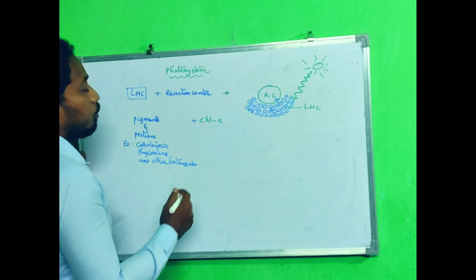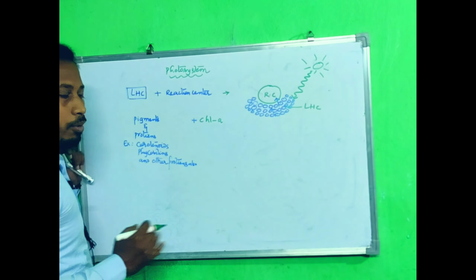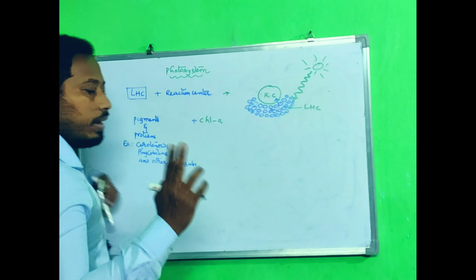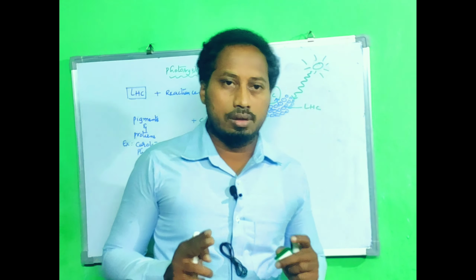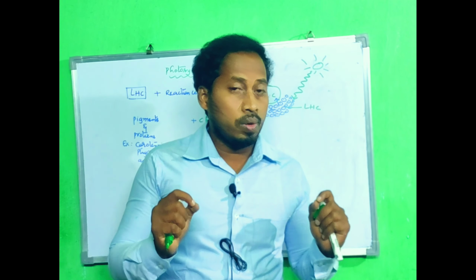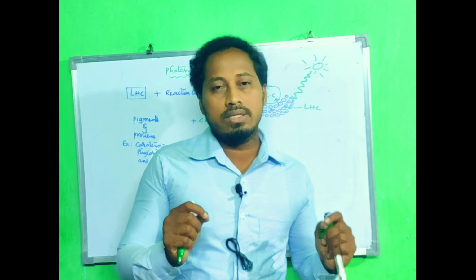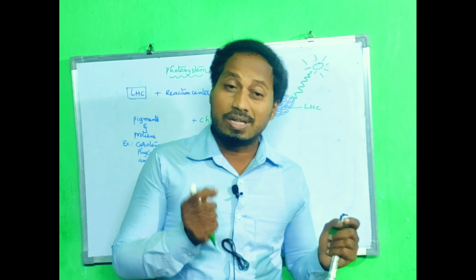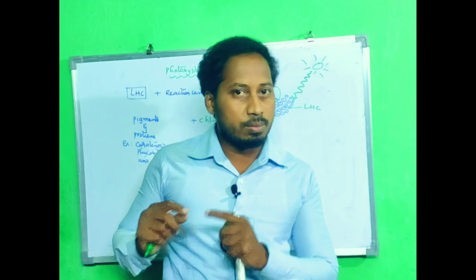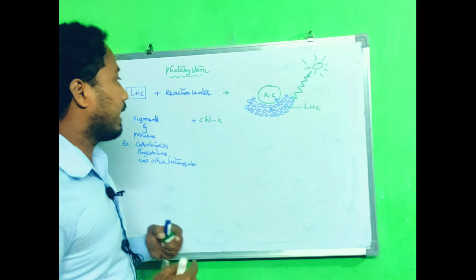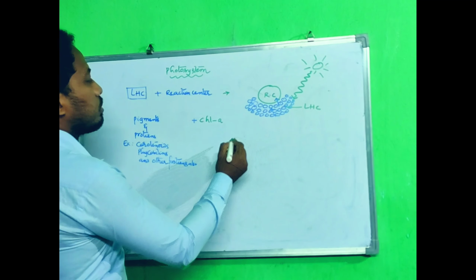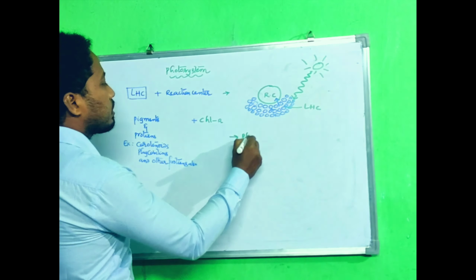According to photosynthesis, in the light reaction there is involvement of two photosystems. One is photosystem 1, which was discovered first, and photosystem 2, which was discovered second.